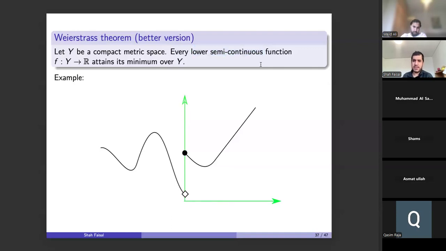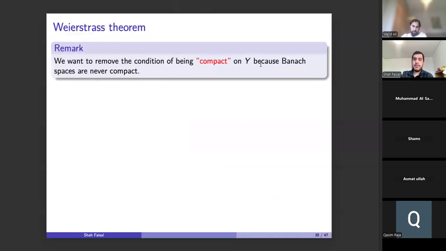You cannot weaken this further. Okay. Now, in order to apply this theorem to the setting of minimizing functionals in Banach spaces, you would like to remove the condition of being compact on Y, and then you are all set. Okay? Because Banach spaces are never compact.